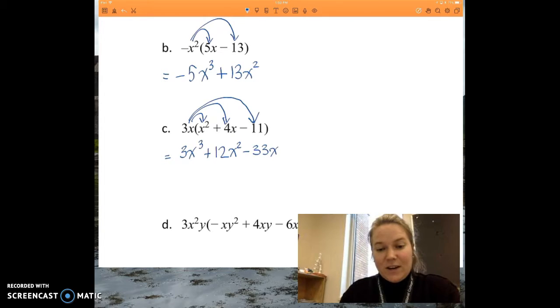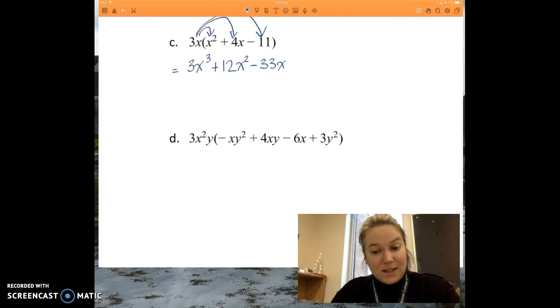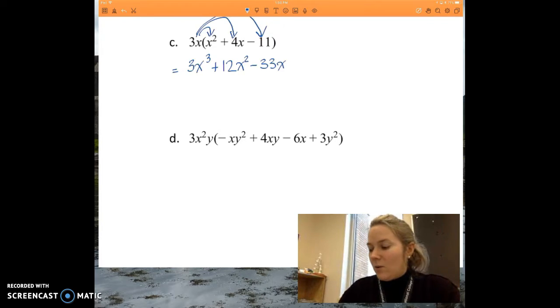Let's, just for fun, try this last one. This last one is a doozy. It is as complicated as you are going to see in this lesson, though you might see more complex ones as we practice throughout the lessons to come. So what do we have here?